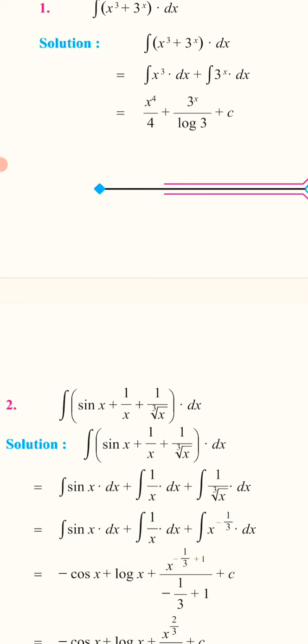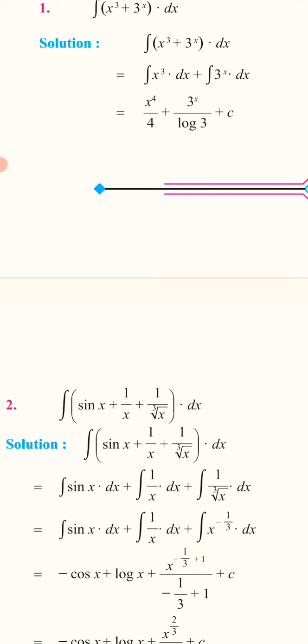You know that in standard results we have seen that integration of sin x is minus cos x. So we can write directly minus cos x, plus integration of 1 upon x, that is log x, plus 1 upon cube root of x, which can be written as integration of x raised to 1 by 3, and by the indices rule, 1 upon a raised to m can be written as a raised to minus m.